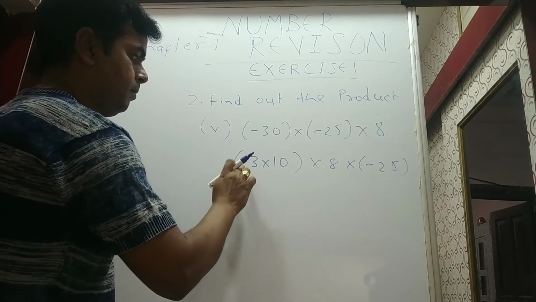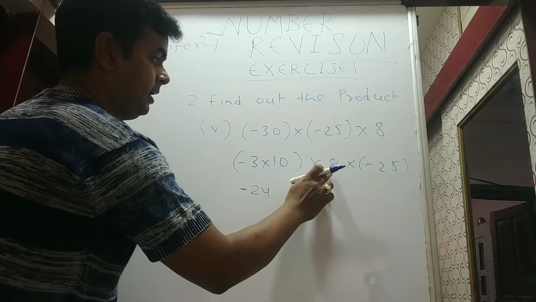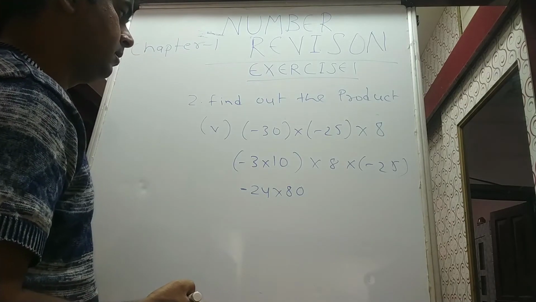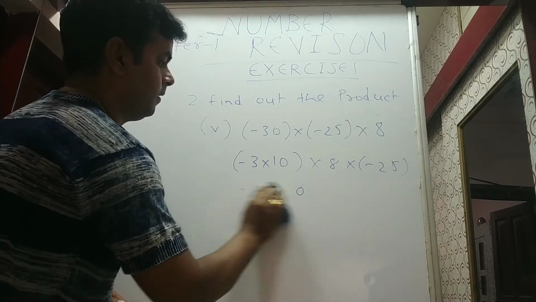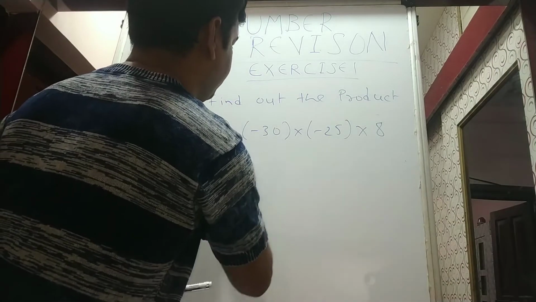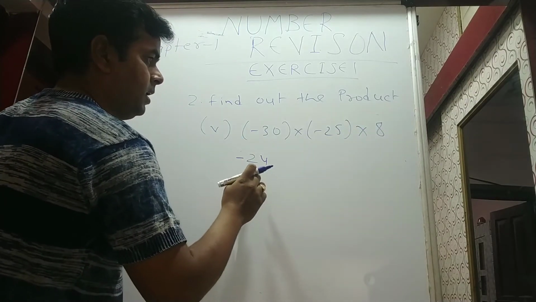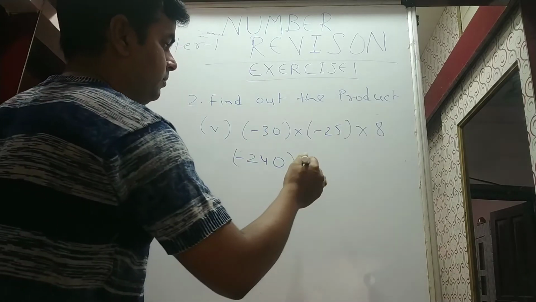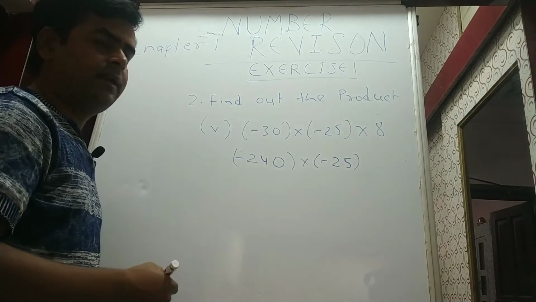Now if you just multiply 8 with 3, that will be 24, with a minus sign, because minus into plus is minus always. And add a 0, because whenever you have zeros multiplied, just add one more 0. 8 tens are 80.